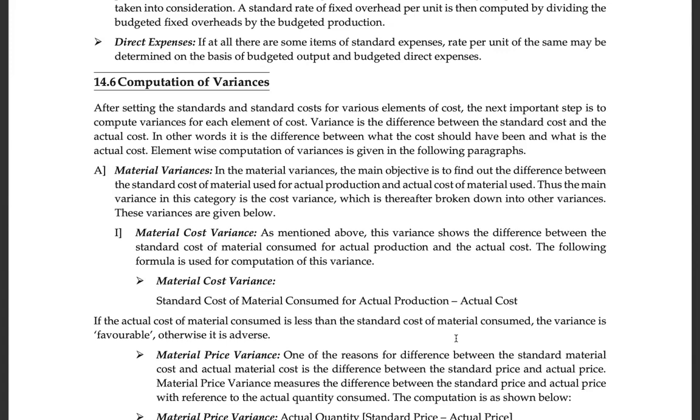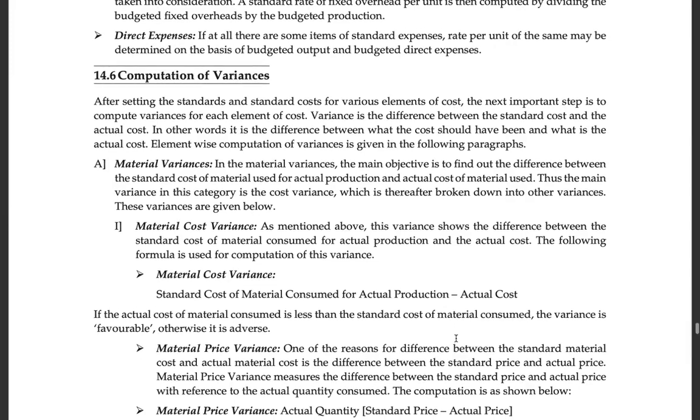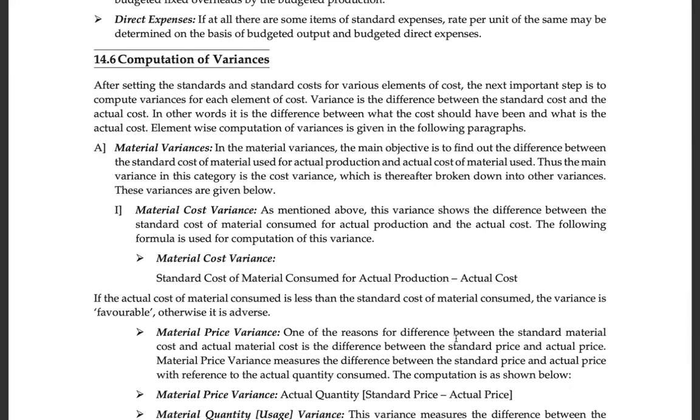Then it is a favorable situation. If your actual sales are less than the standard sales, then your performance is not up to the mark. The same can be applied in case of profit. Fine. In light of this, we will go to the calculations.